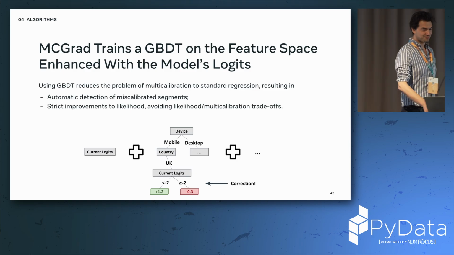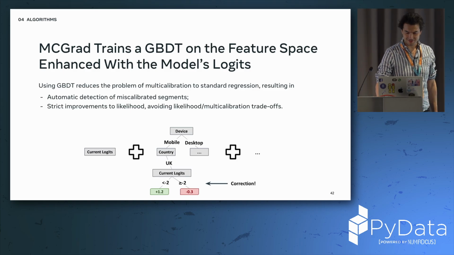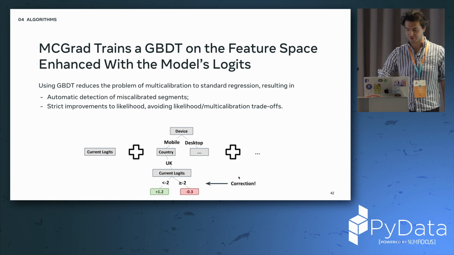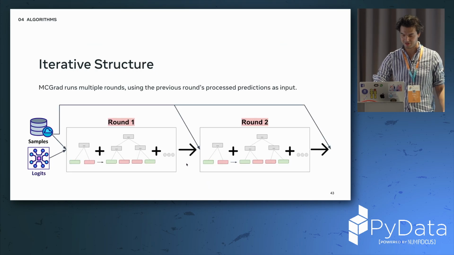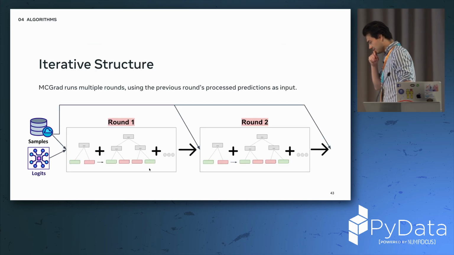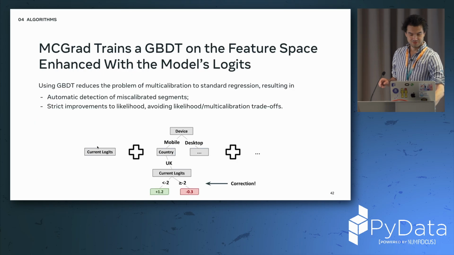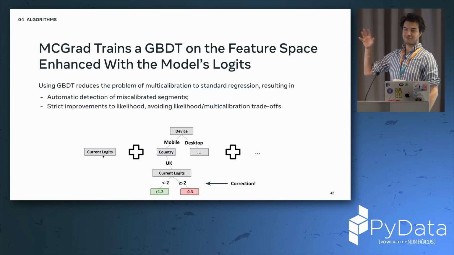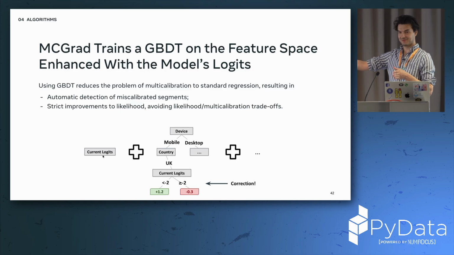However, this doesn't quite bring us multi-calibration. If you do a gradient boosted decision tree like this, it gets us somewhat close to multi-calibration, but it doesn't quite do it. And the reason is that all the time that you're doing these additions, this logit feature is the same. You have a fixed feature set in gradient boosted trees.